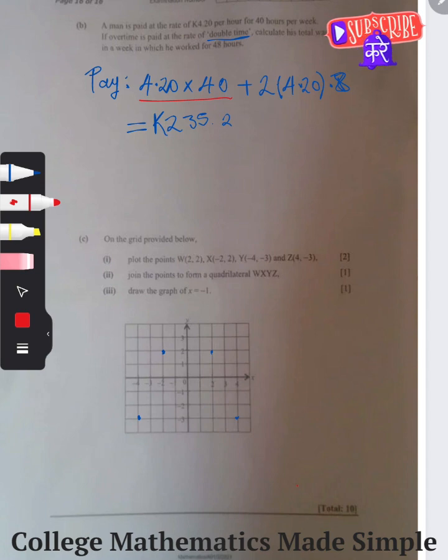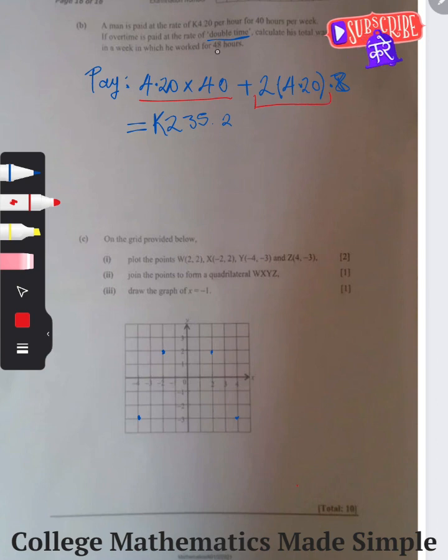So the hours that this person is supposed to work is 40 as mandatory. Then if this person does overtime, we are going to double the rate per hour. So the rate per hour is 4.2, and we are going to double it, which is twice in that order.